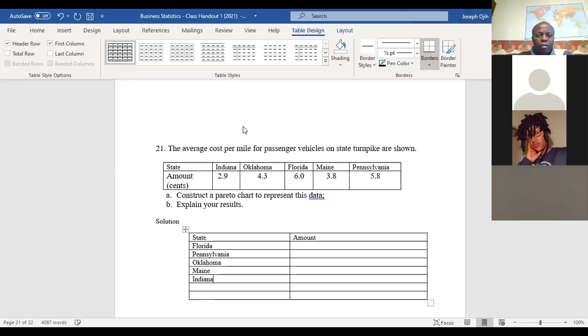Now, Florida is 6 cents per mile. Because all these are in cents, 6 cents per mile. Next one would be Pennsylvania, which is 5.8 cents per mile.